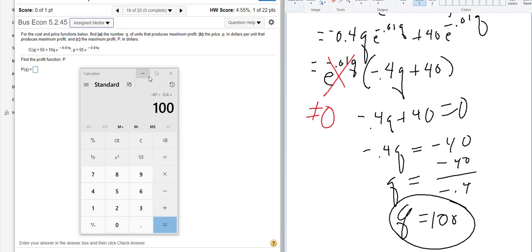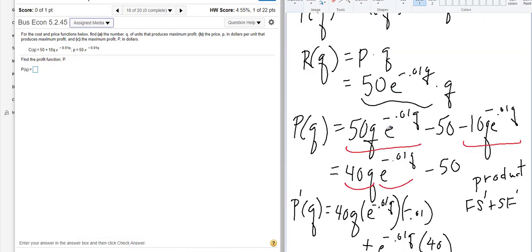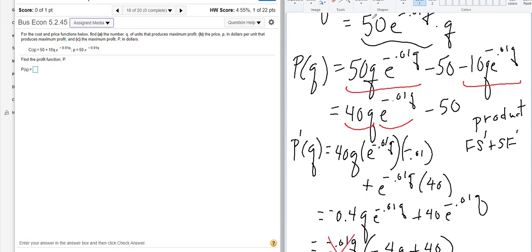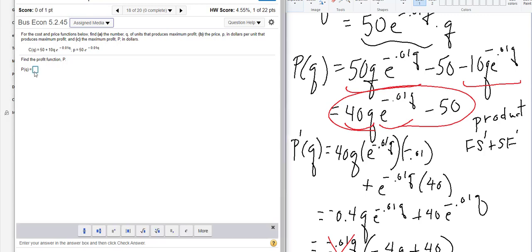Now, let's go fill out a few things. First, they ask us for the profit function. So we reduced our profit function, and this is what we came up with. So let's enter that first. 40Q e to the negative 0.01Q subtract 50.